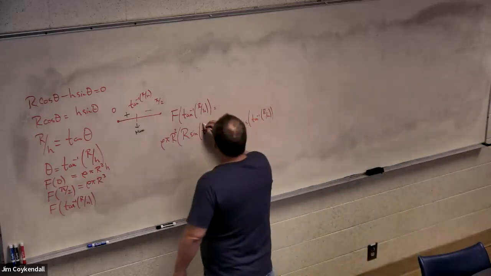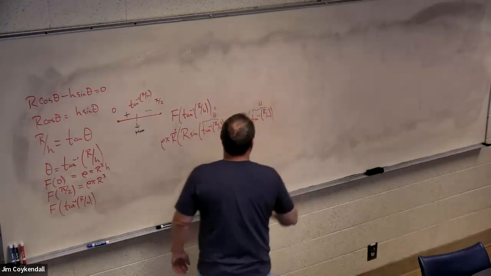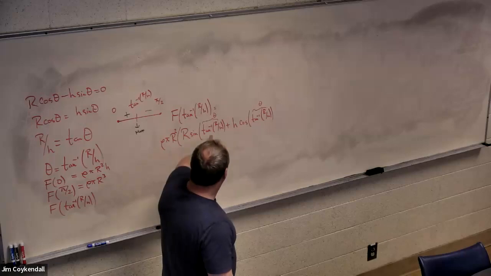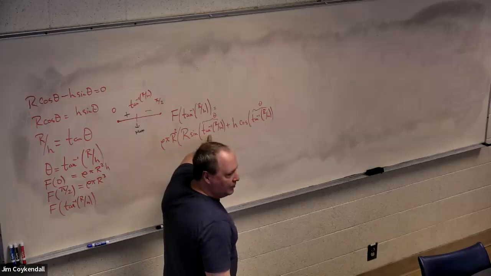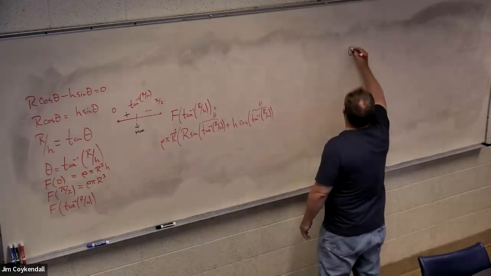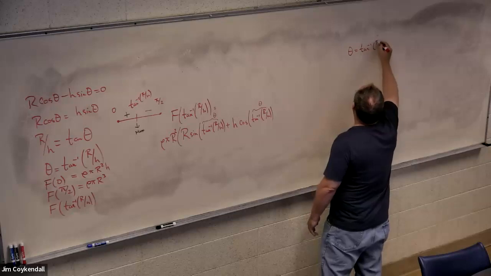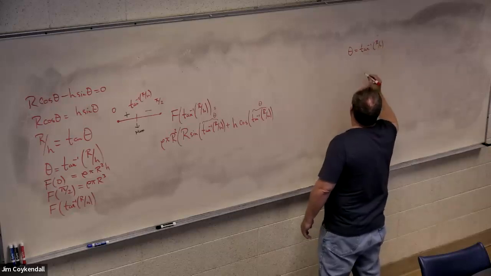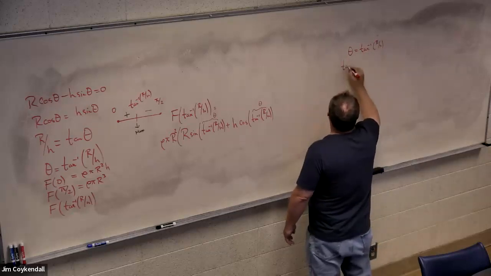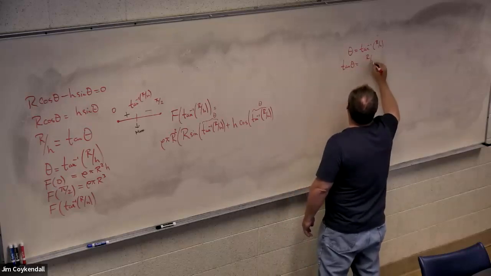Just for convenience, let's call this angle theta. This will actually be useful. So let me write that down. Theta is the inverse tangent of r over h. And so that means the tangent of theta is equal to r over h.